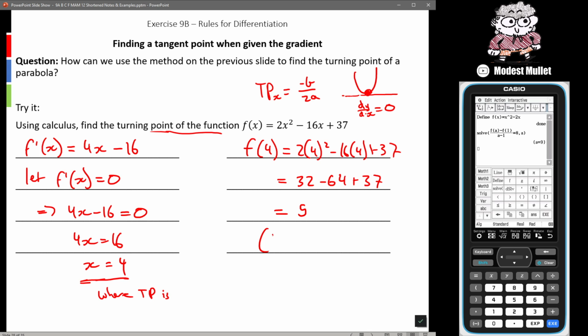So the turning point is at (4, 5). That's a really handy thing, and you're going to end up doing lots of this. So finding the derivative, let the derivative equal to 0 because you want to know where a turning point is, and then get the x-coordinates from it.